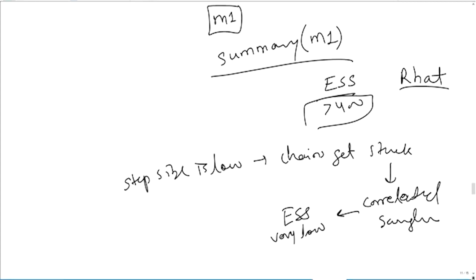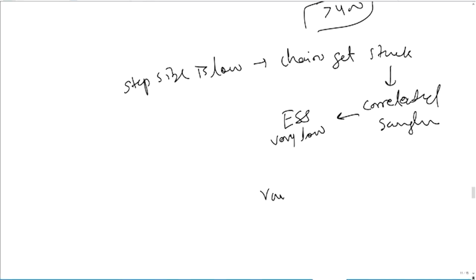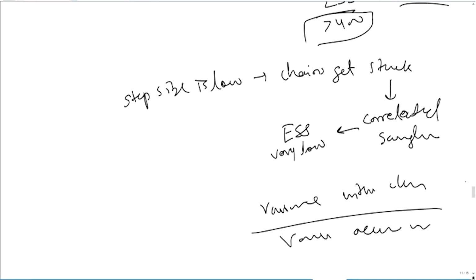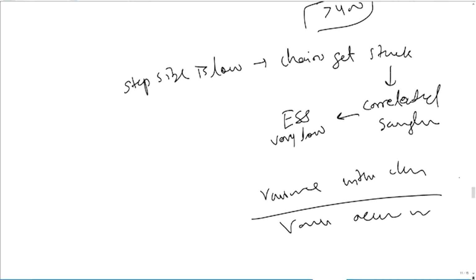Okay. R hat is a measure of chain mixing. It tells you how well chains are mixing into each other. So I think it measures the variance within chains divided by variance across chains. So basically the ratio of variance within chains and across chains, right? I think it's the other way around.